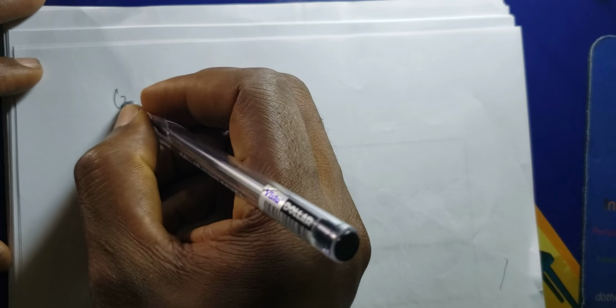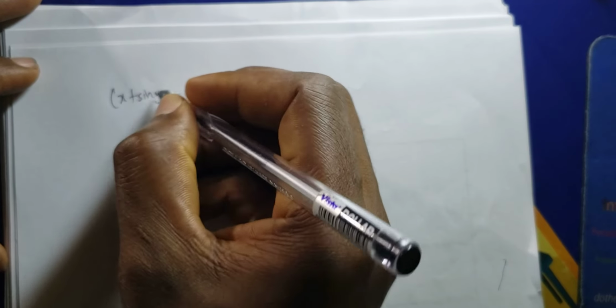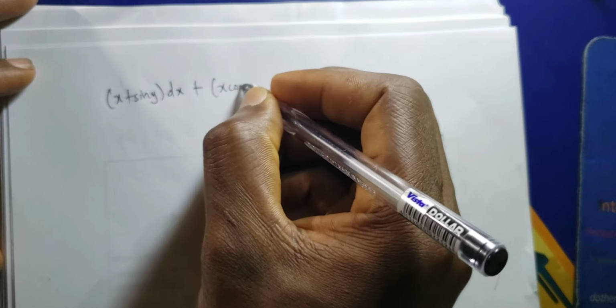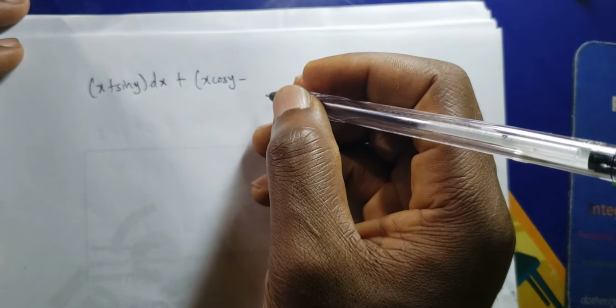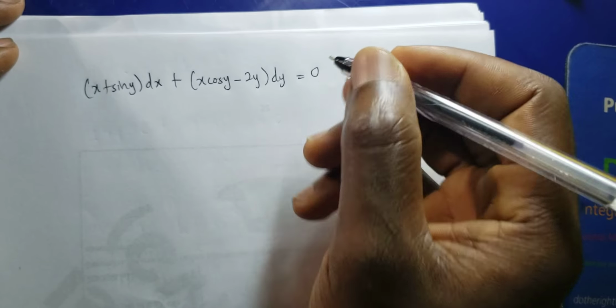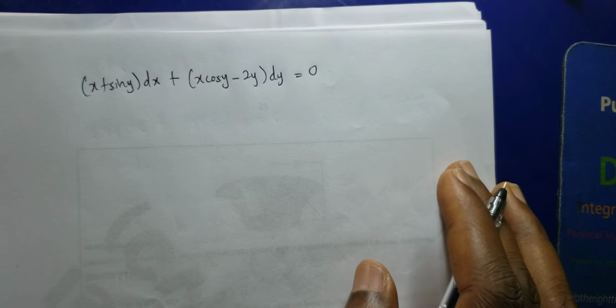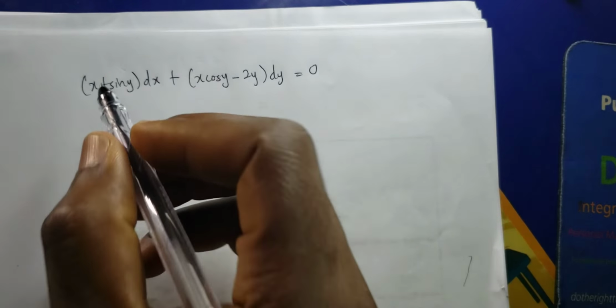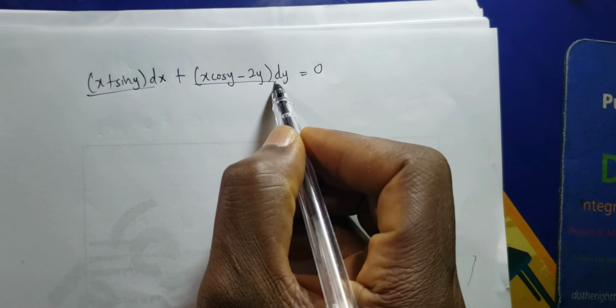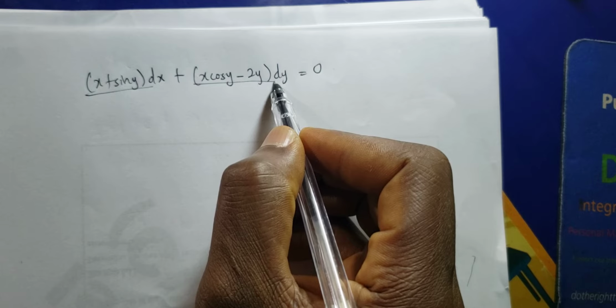you have (x plus sine y) dx plus (x cos y minus 2y) dy equals 0. So firstly we check if it's an exact differential. To do that, we differentiate the dx coefficient partially with respect to y, we differentiate the dy coefficient partially with respect to x, and check if they are equal.